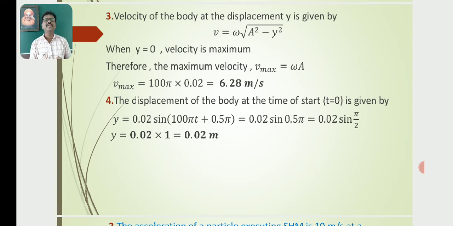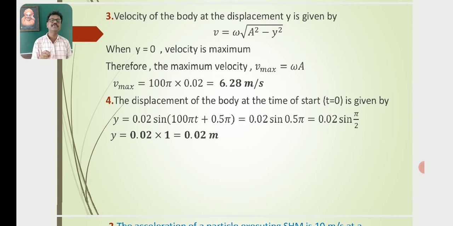Then the displacement of the body at the time of start, that means when t is equal to 0, is given by y is equal to 0.02 sine of (100 pi t plus 0.5 pi). After simplification, you get 0.02 sine of 0.5 pi, which is 0.02 sine of pi by 2, where sine pi by 2 is equal to 1.